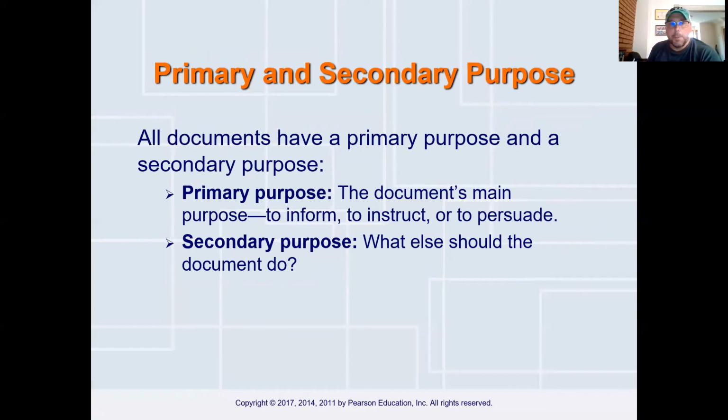Primary and secondary purpose. All documents are going to have a primary purpose and a secondary purpose. The primary purpose is the document's main goal. It's going to be to either inform, to instruct, or to persuade. That secondary purpose is going to be what else you want that document to potentially do or represent. And it could be any number of things.